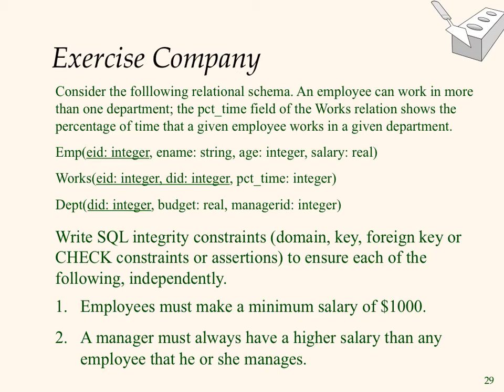And the second one is that a manager must always have a higher salary than any employee that he or she manages. May well be true, often true in the real world. And so again, the first question you should ask is, can I make this a constraint on a single table, or does it involve multiple tables? And then depending on that answer, you can choose a check constraint or an assertion.